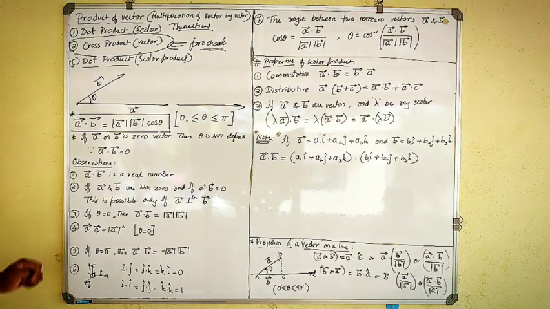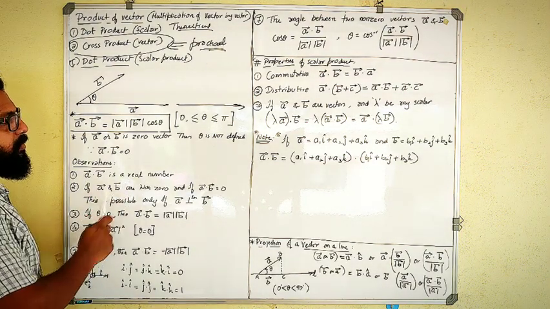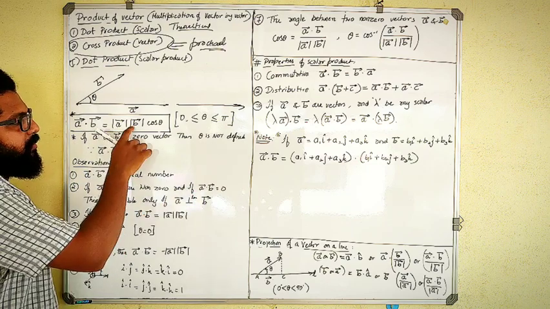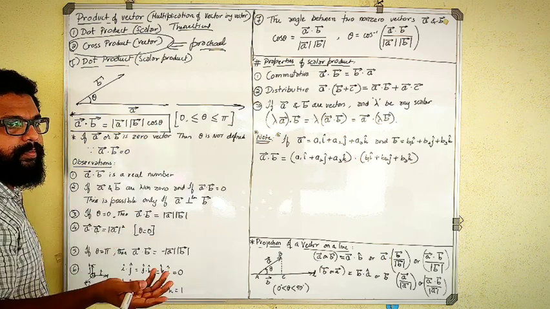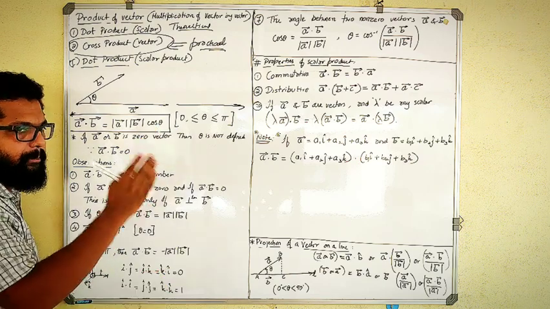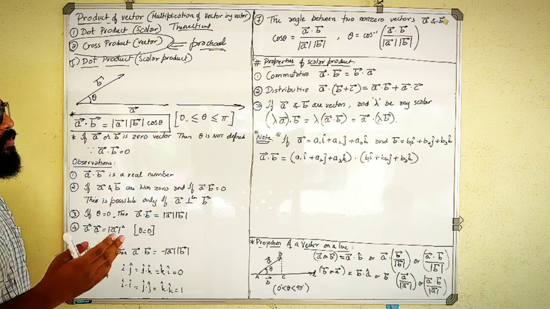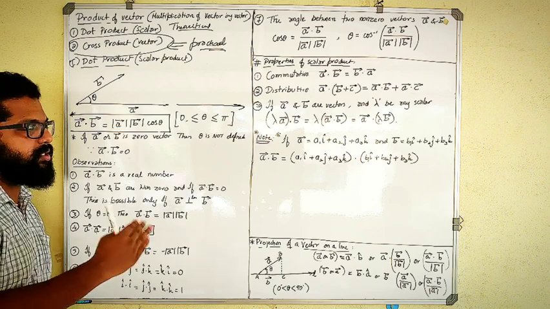In these observations, we can tell that A dot B is always a real number. Agree or not? Magnitude of A is a positive number, magnitude of B is a positive value, and cos theta is a number too. Cos of any angle is going to be a number, either half, root 3 by 2, 1 by root 2, 1, 0, like that.